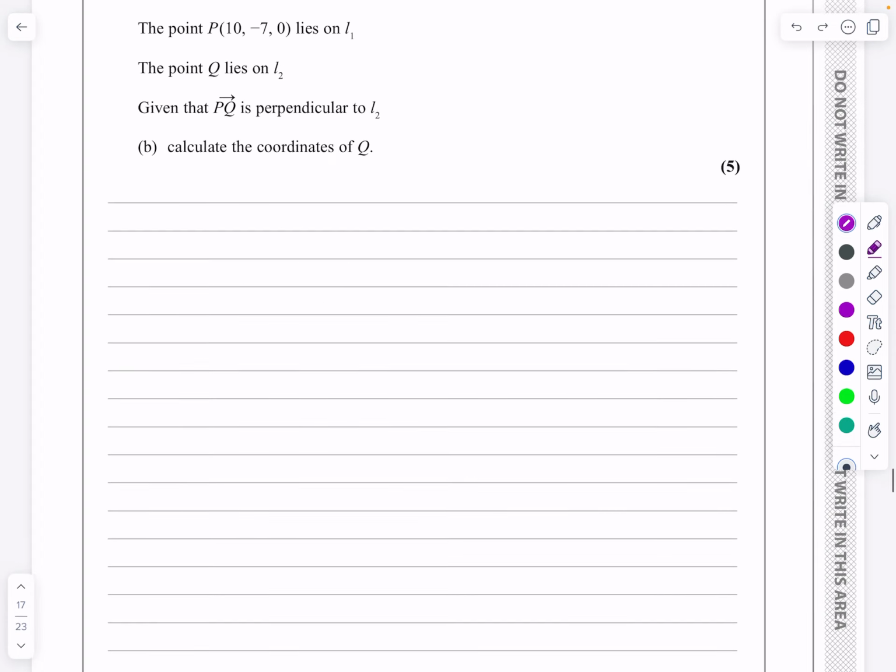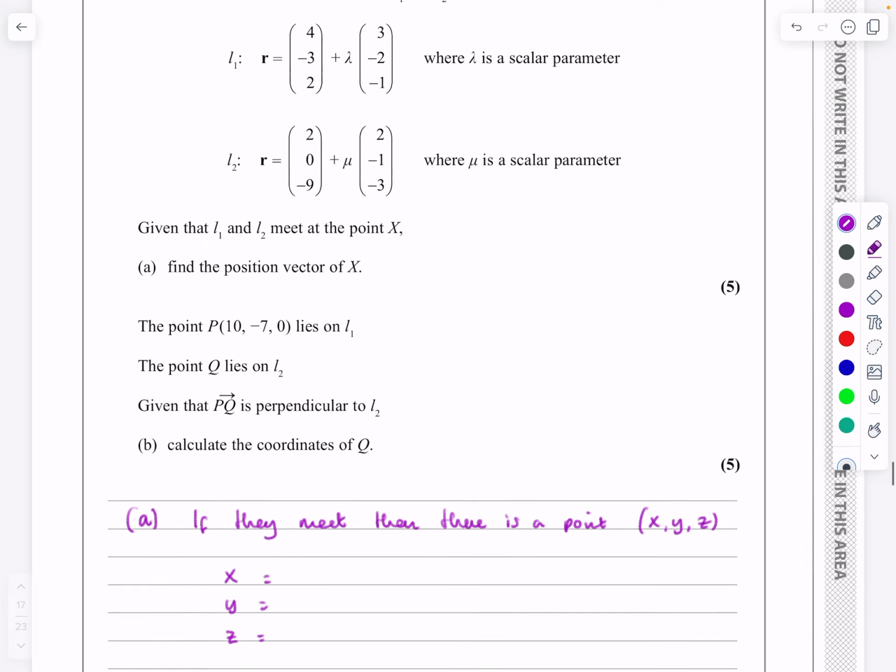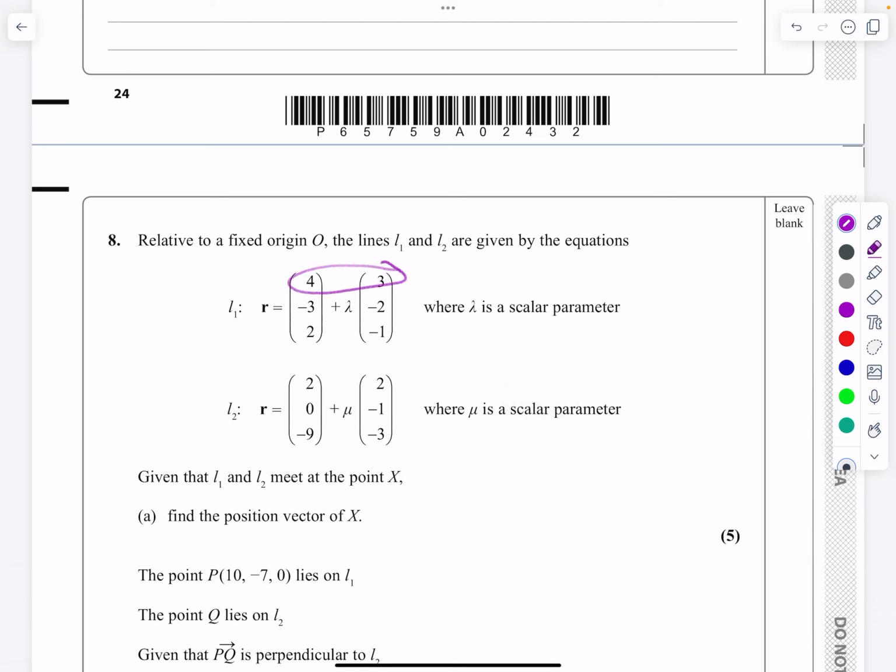So part A, I like to try and use the same sort of language each time, just to give the examiner some confidence in what I'm doing, and also I think I'm less likely to make mistakes. So I would say if they meet, then there is a point X, Y, Z, so that X, Y, and Z are equal to, well, X will be 4 plus 3 lambda equaling 2 plus 2 mu, and we just carry that on all the way through.